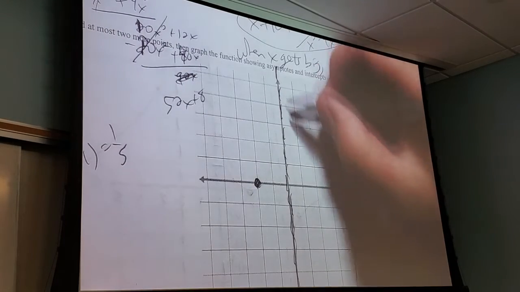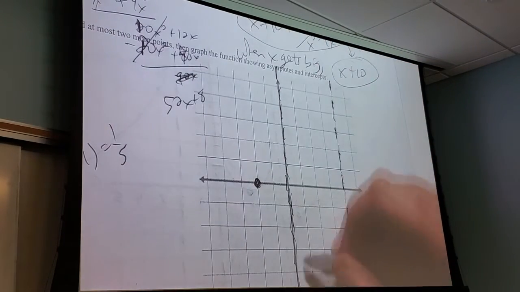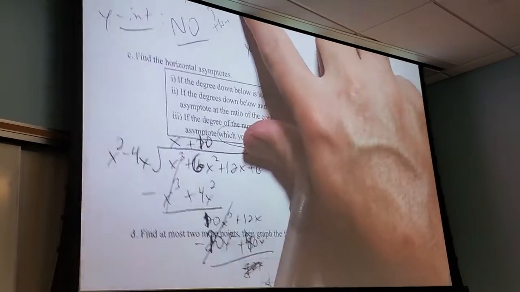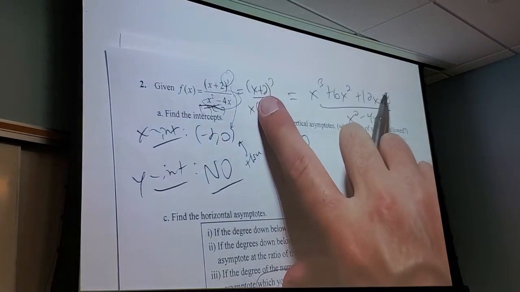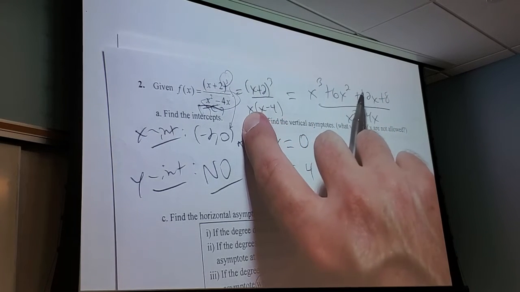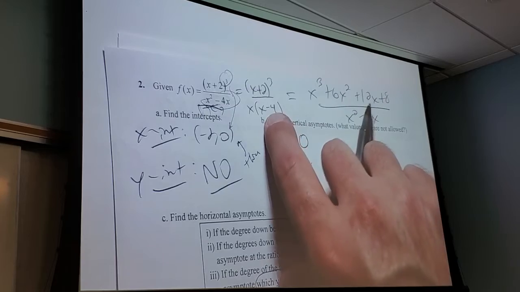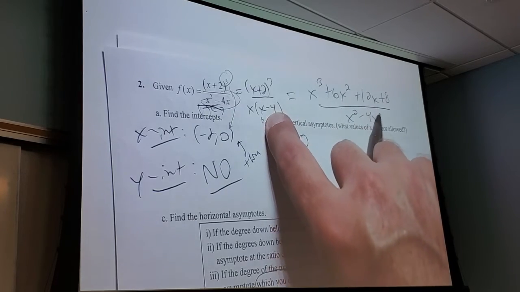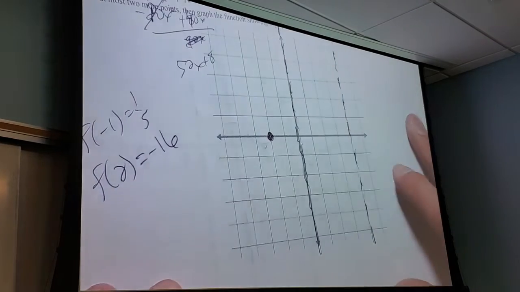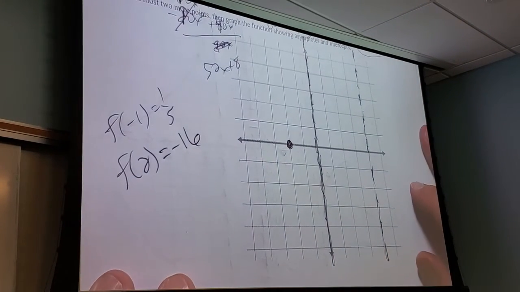It's either going to be like this, or it's going to be like this. So what's f of 2? It's going to be 2 plus 2, 4 cubed is 64, divided by 2 is 32, divided by -2 is -16. And again, you can just plug it into the calculator if you want to.